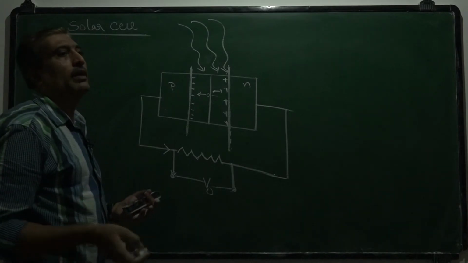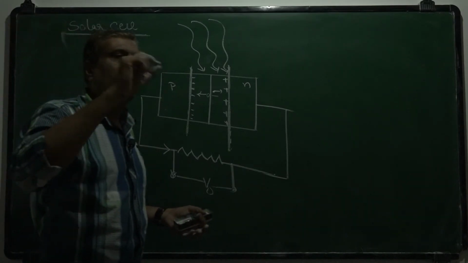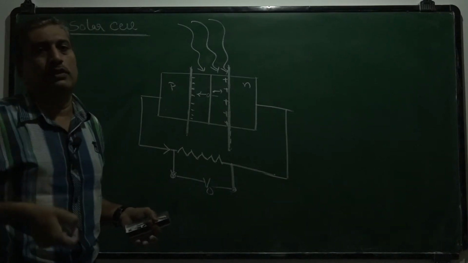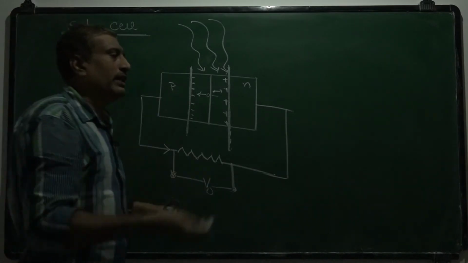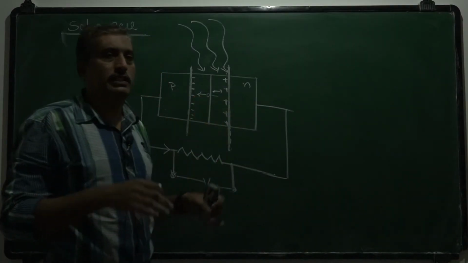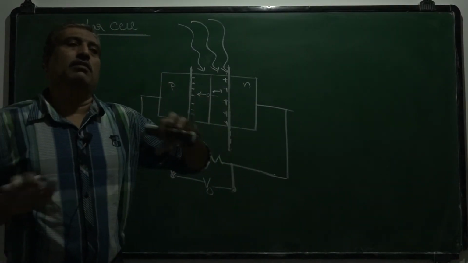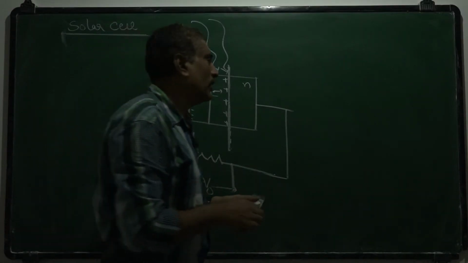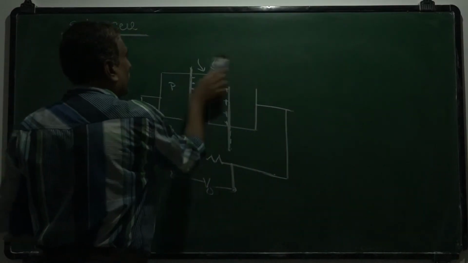Okay, but the voltage will be in small amounts, in the order of millivolts only. To get a larger voltage, these cells are connected in series. Such a series combination of these cells is called a solar panel. With the use of solar panels, some kilovolts of electrical potential can be generated.